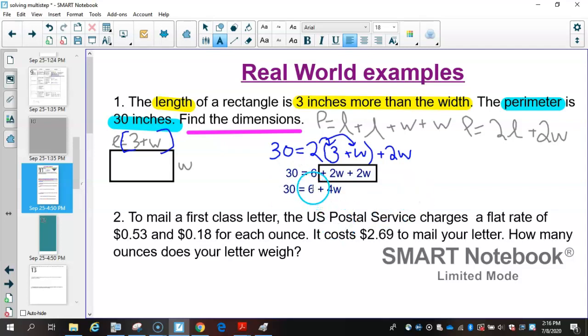Then I can go ahead and move my 6 over by doing what operation do you think? This is a positive 6. Positive relates to addition. So there's an invisible plus sign in front of this 6. We just don't write it. So that means I have to do the opposite and make it negative by subtracting.